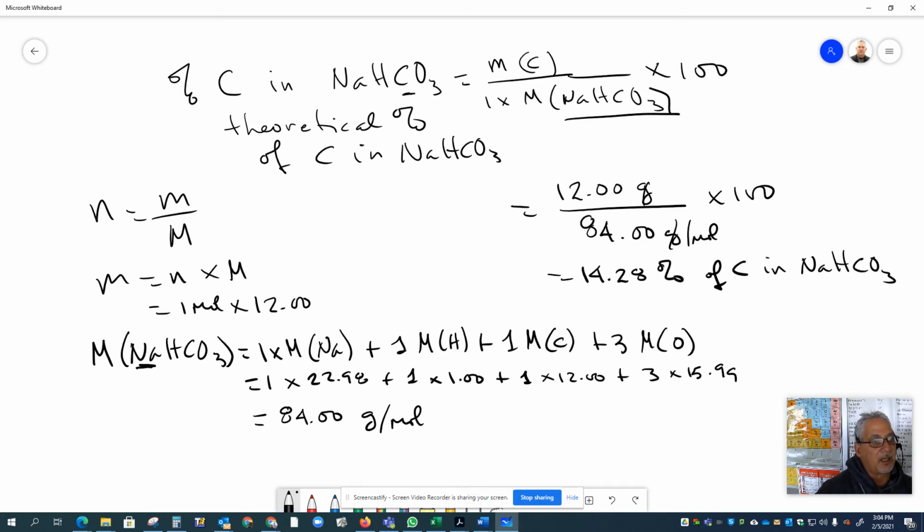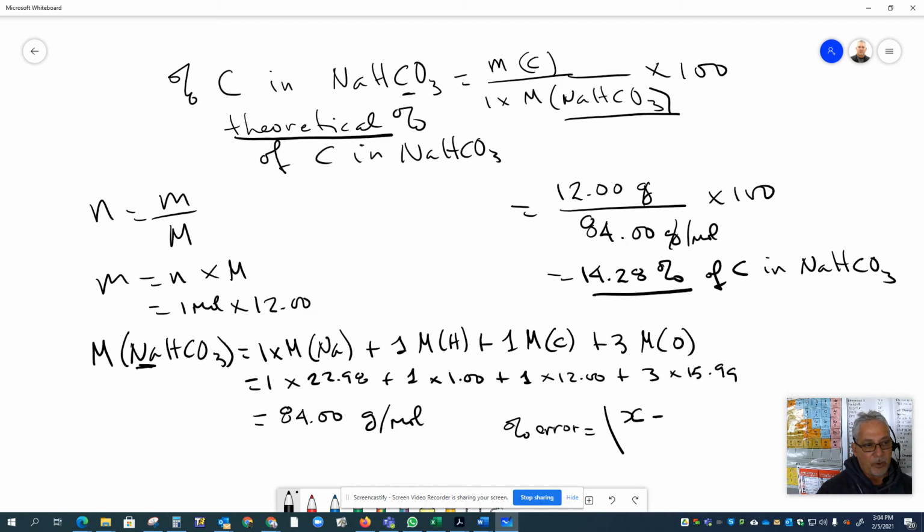This is the theoretical value, and you have to compare this one with the practical value. How? Well, you can find the percent error this way. Percent error will be the absolute value of your actual value, that I don't know what it is, let's put X, the one that you get doing the experiment, minus the theoretical value that I just calculated, over the 14.28, which is the theoretical value, times 100.